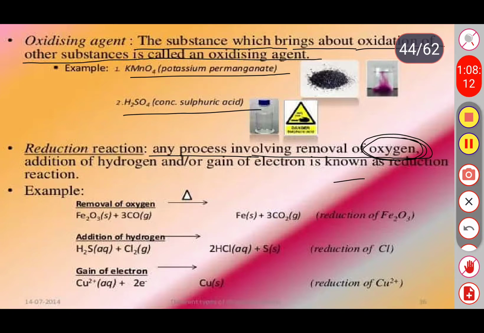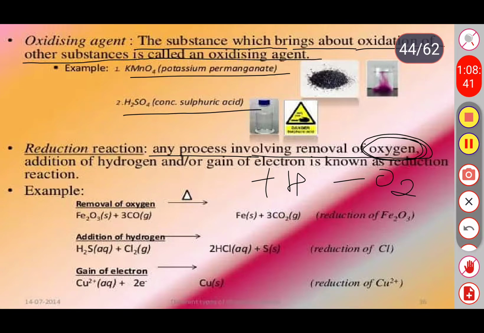But in the reduction reaction, we add hydrogen and remove oxygen. Okay, so any process involving removal of oxygen or addition of hydrogen, which gains electrons, is known as a reduction reaction. In the oxidation reaction, we lose electrons, but in the reduction reaction we gain electrons.